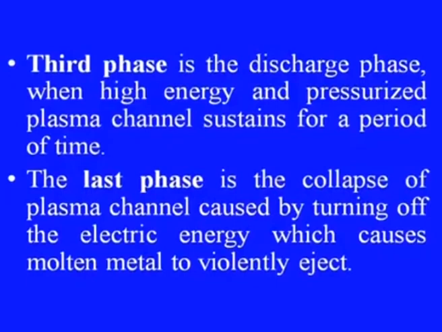The third phase is the discharge phase, when the high energy and pressurized plasma channel sustains for a period of time. The last phase is the collapse of the plasma channel caused by turning off the electric energy, which causes molten metal to violently eject.